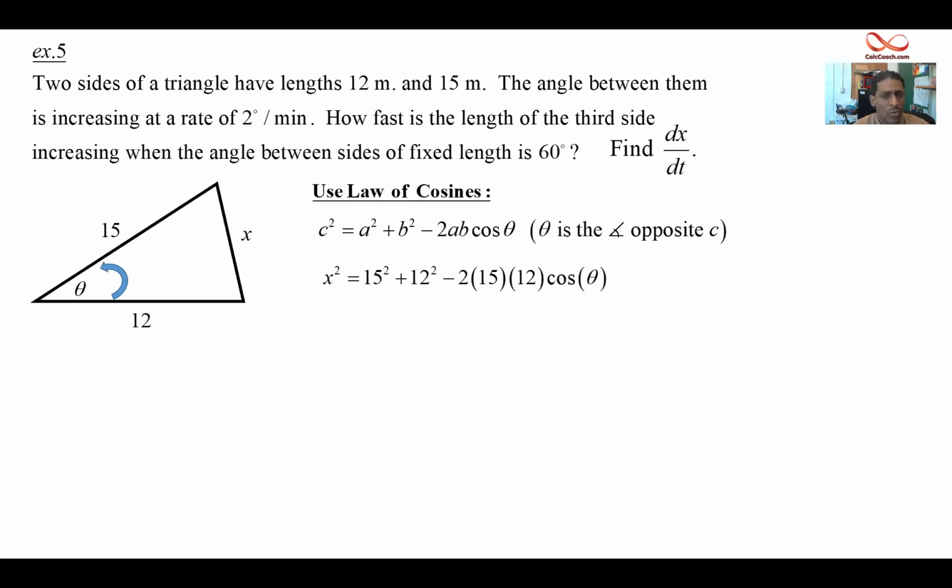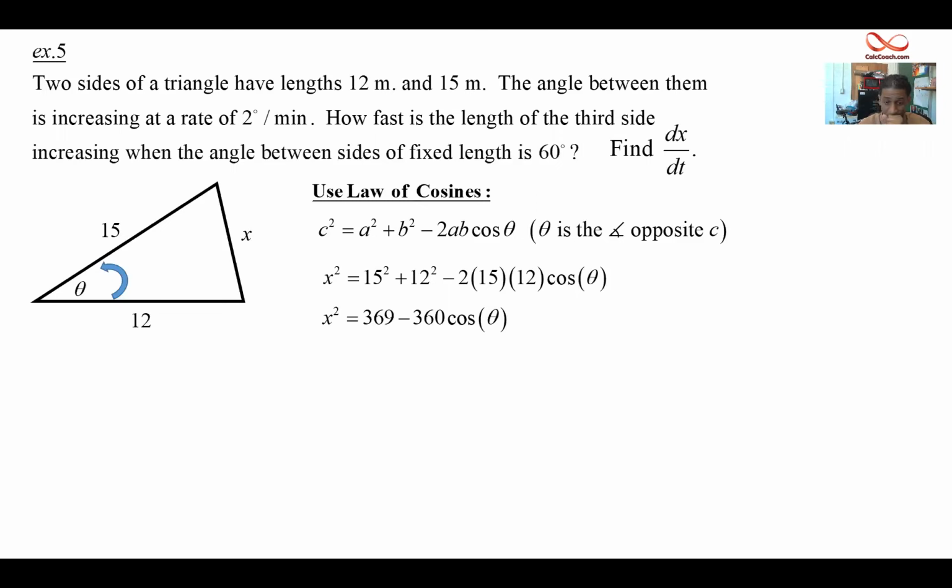When we take 225 and add on 144, what we end up getting is 369. If you double 15, you get 30. 30 times 12 is 360. So 369 minus 360 times the cosine of theta. That's what x squared is equal to. We'll leave it like that. It's an equation that relates our variables x and theta to each other.